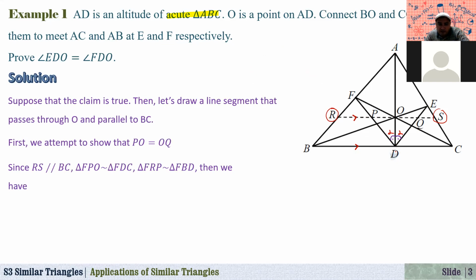If you look at the triangle FPO, FPO is similar to FDC. Why? Because this line is parallel to this line. This triangle FPO is similar to FDC. I can write a few more triangles.